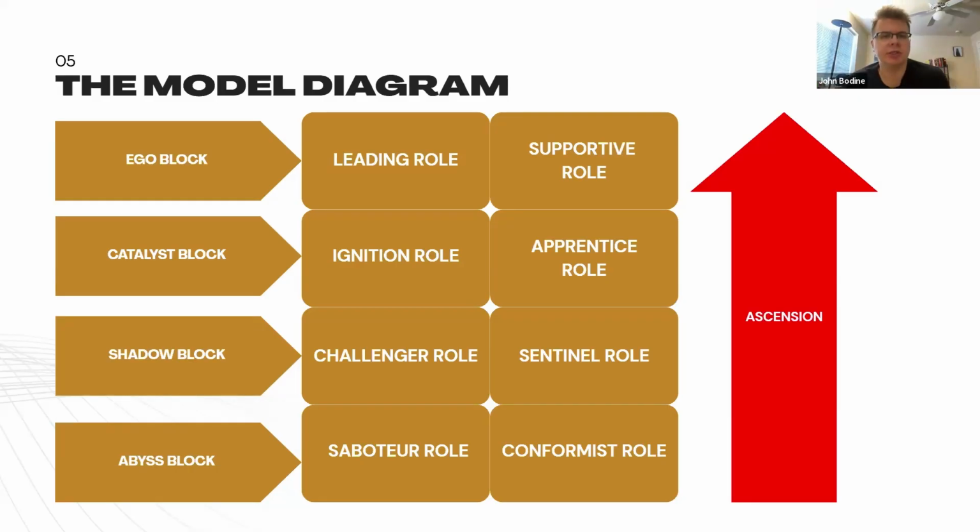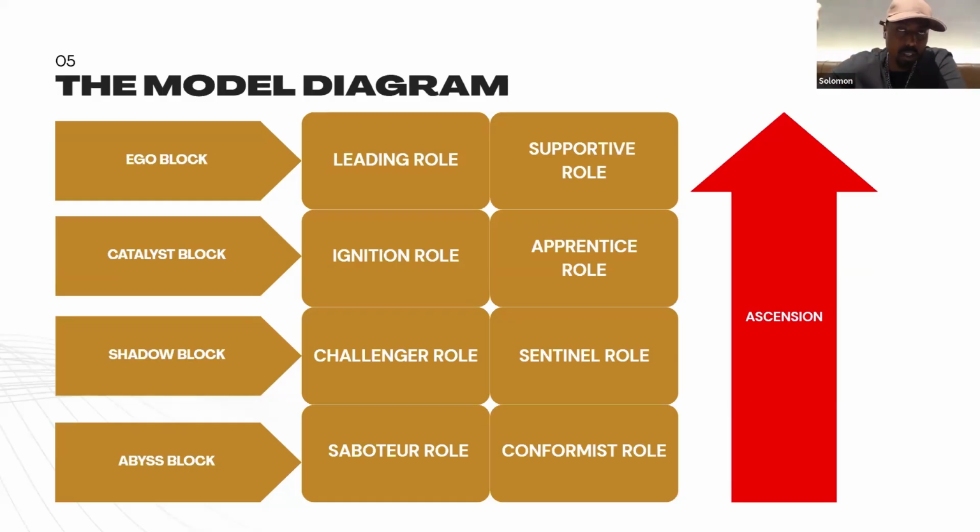Okay. Interesting. So it's basically like a map of where your mental energy is at. So if you're somebody who is occupying a shadow block or an abyss block, and that's where most of your energy is spent, you're going to experience more negative states. And then as you go up, there's more positive states. There's also a set of values. So, for example, the ego block, the leading role and the supportive role.